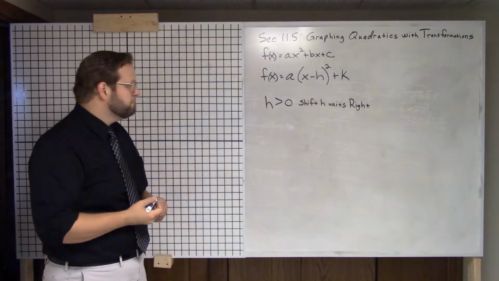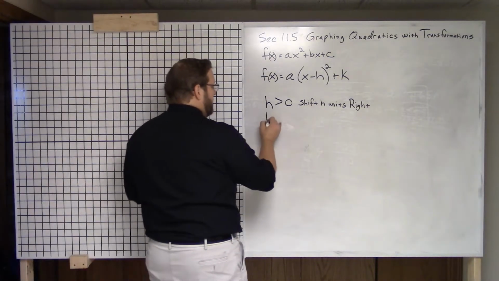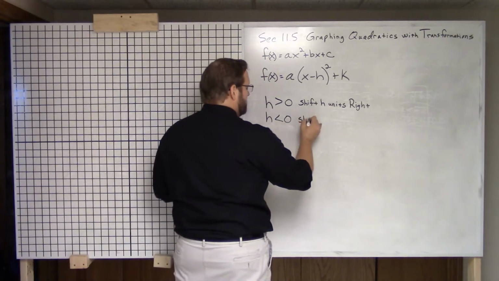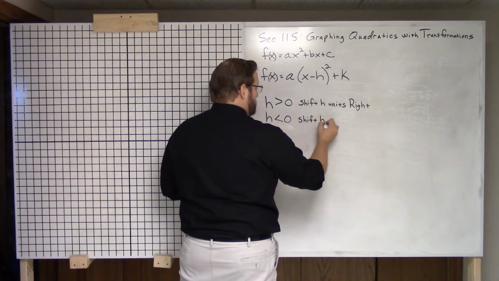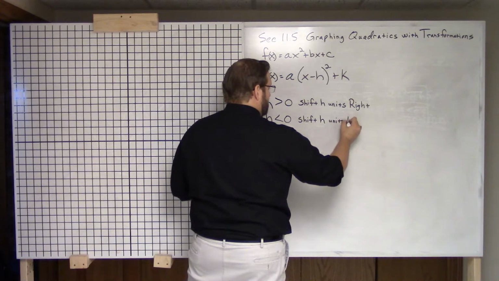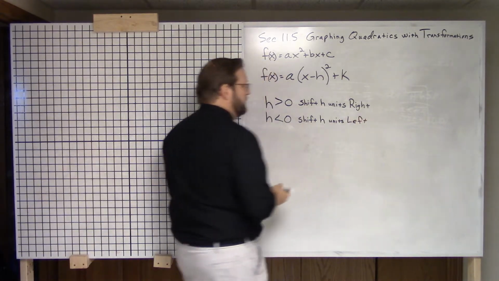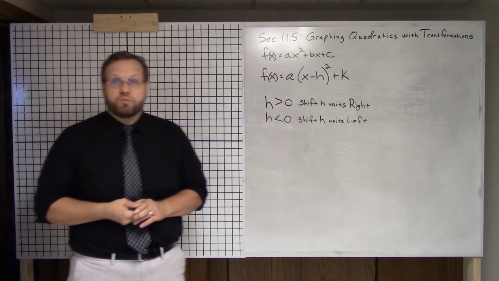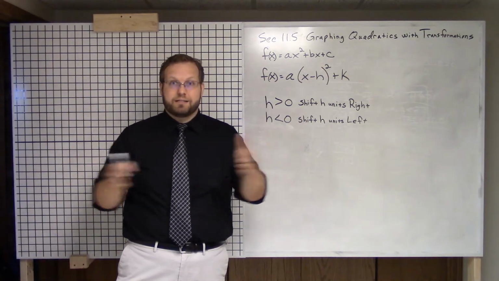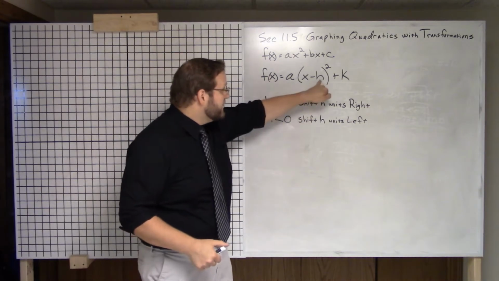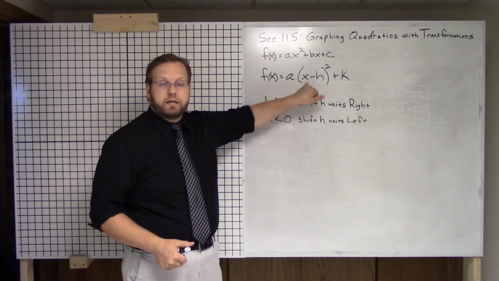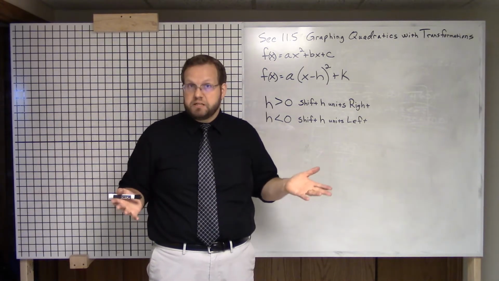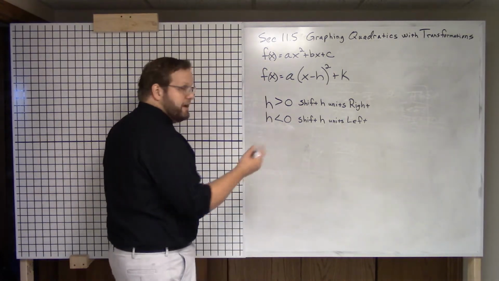If the h value is negative, we are going to shift h units left. Now, remember, we're going right or left. What goes right to left? That's your x-axis. What is the h next to? It's next to the x. So h tells you go left or right. If it's positive, right; negative, left. That's it.